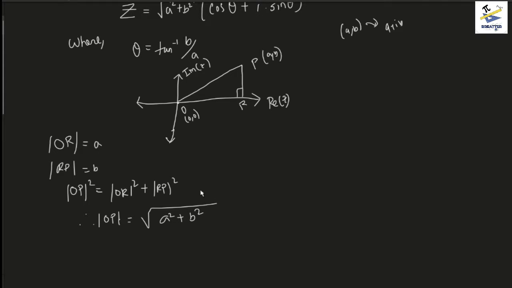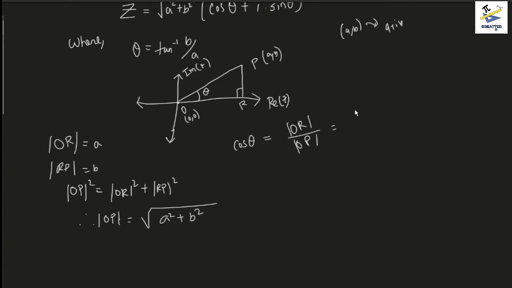Now, since OP is root over a squared plus b squared, and let this angle be theta, we are trying to write down a and b, right? So what we can do is we can write, taking the cos of this thing, cos theta equals OR by OP. Let's evaluate this first.